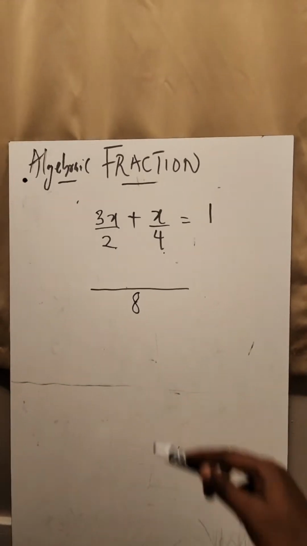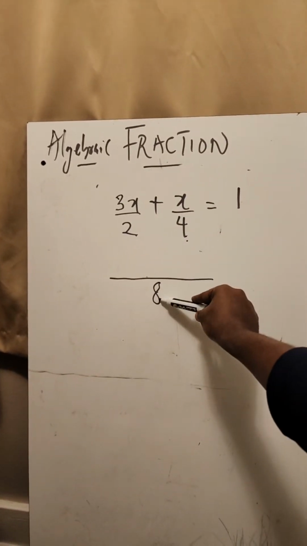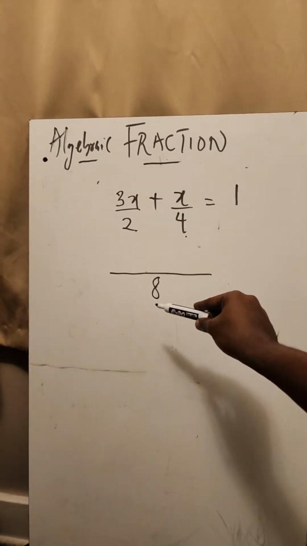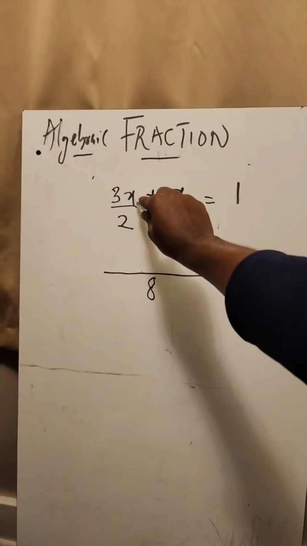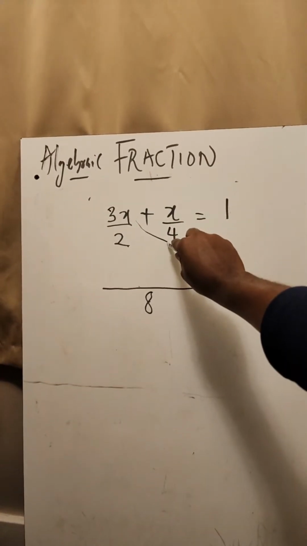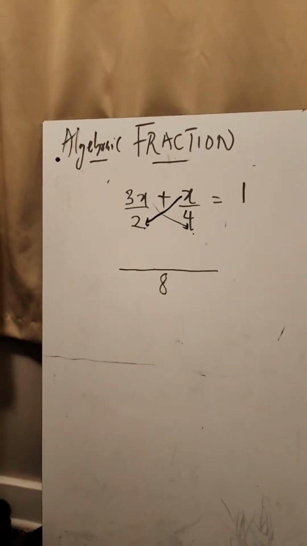Here, we have the denominator to be 8. The next thing you have to do is multiply. Let 3x multiply your 4, and let 2 multiply x.